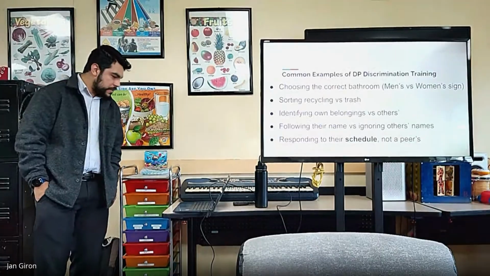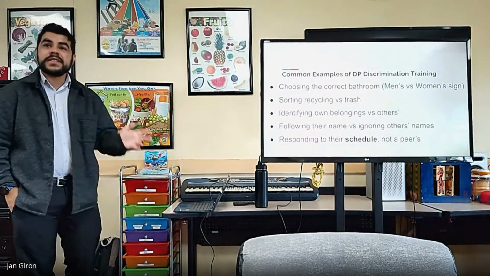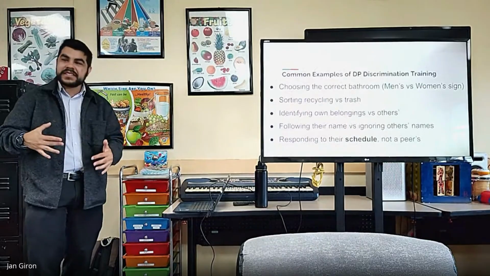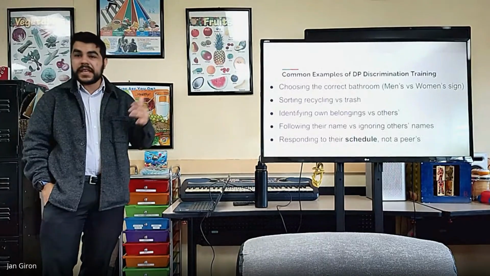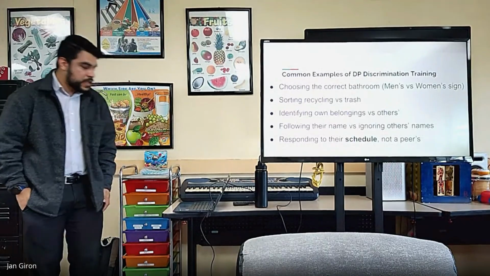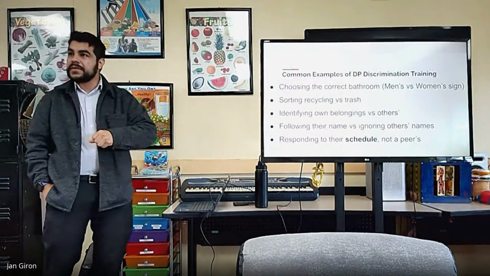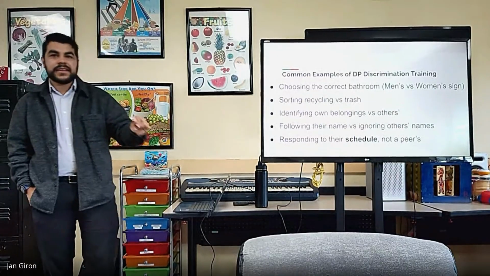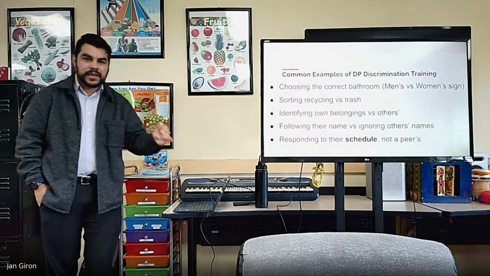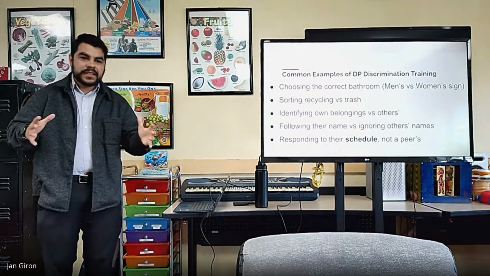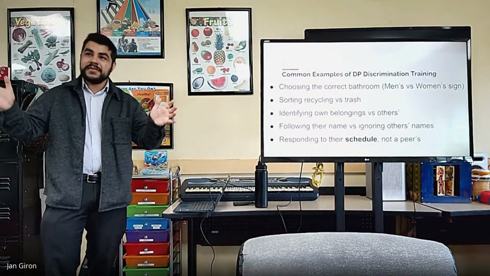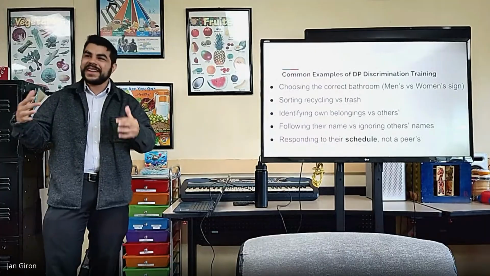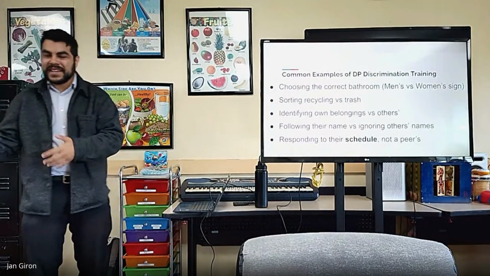So that's good for them to do. Another big one is being able to identify their own belongings from those of their peers. Same thing with the names, that's a big one. And responding to their own schedule, not somebody else's. Think of some instances where there might be a client who sees somebody else going on the outing, and they want to go on one too, despite not being able to recognize that it hasn't been their day yet.